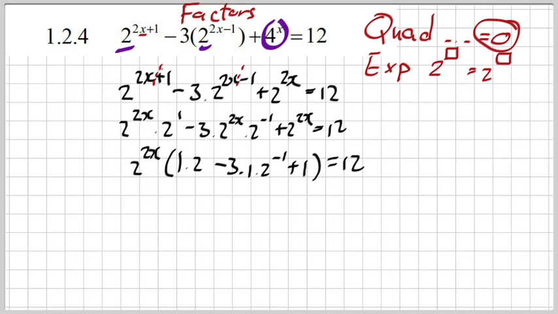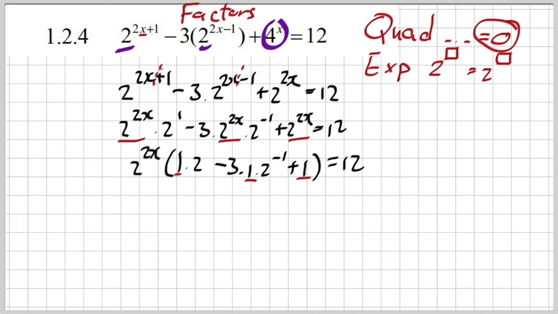I love to do this because then I know I'm not going to lose something. So everywhere there's a 2 to the x or 2 to the 2x, I put a 1. It's just something to make sure that I don't miss anything.